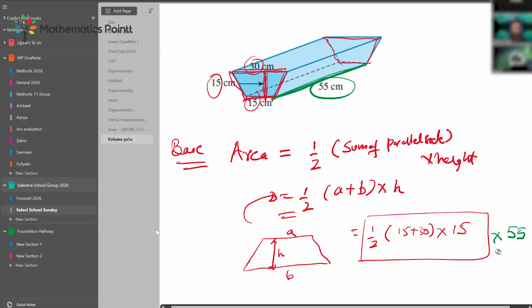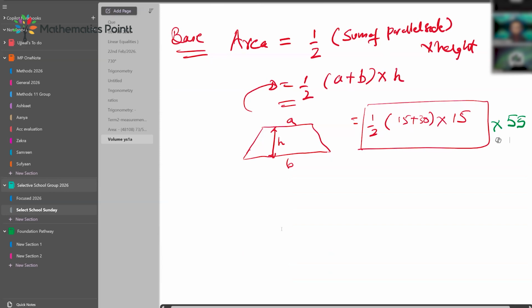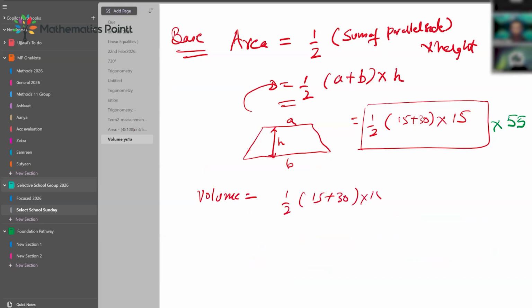So the volume is half 15 plus 30 times 15 multiplied by the height of the shape. And when you solve it, whatever you got, 18562.5 centimeter cube.